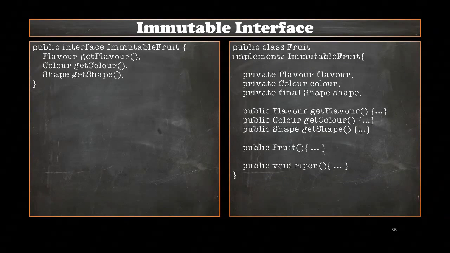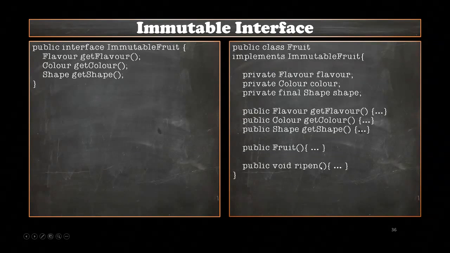So what we'll do is we will create an interface with only the immutable methods. You'll notice they're all getters. So getFlavor, getColor, getShape make no change to the state of the class. However, on the inside, you would have public Fruit. You notice on the right-hand side, there's public void ripen, which was the example I put there.